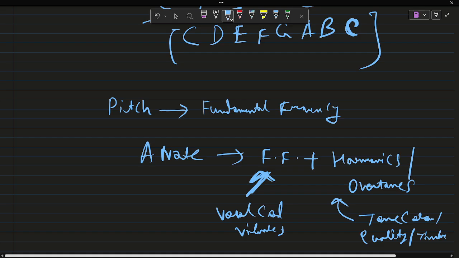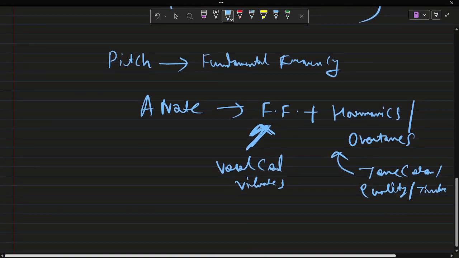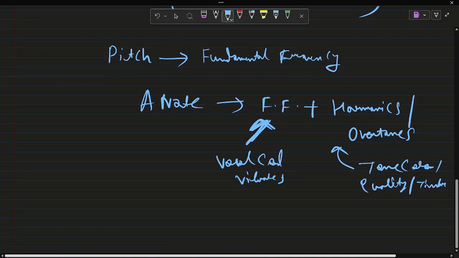A voice quality should be defined by its tone color or timbre. So you can say that the timbre or tonal quality of your voice is very nice, or that the timbre of this guitar is very good. These harmonics are basically nothing but the integer multiples of the fundamental frequency.